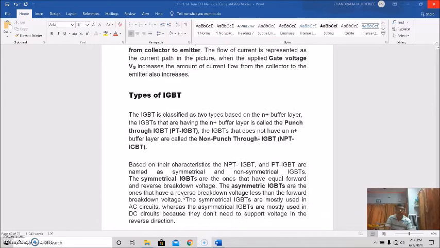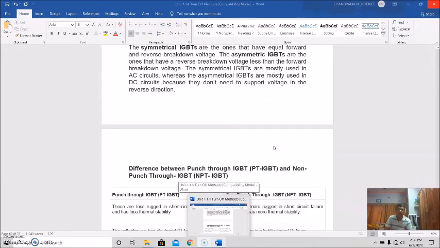So we get two types of IGBT, and they are named as per the presence of the N plus buffer layer. Where the buffer layer is present, that is called punch through, and where it is not present, it is non-punch through IGBT.